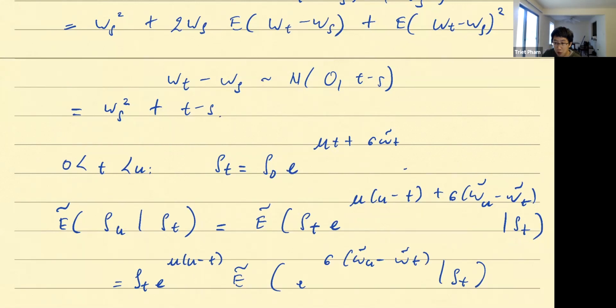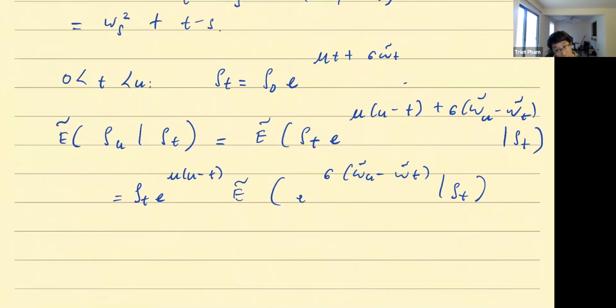But now you recall, what is S_t? S_t is basically driven by W tilde t. So it's exactly the same story again: the future increment is independent of the present value.